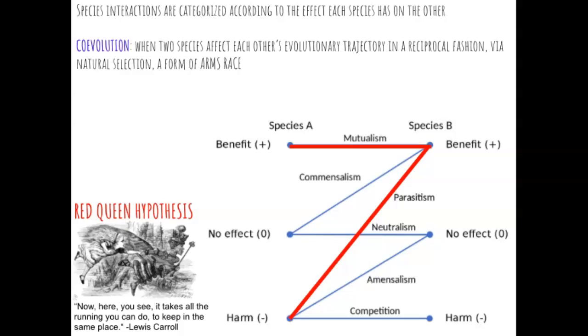So now the coyote evolves behaviors that allow it to be more sneaky. And so the rabbits start having to have new behaviors to be able to evade the coyote. And so they have this continual evolution where the evolution of one species affects the evolution of the other to allow them to stay ahead of each other.